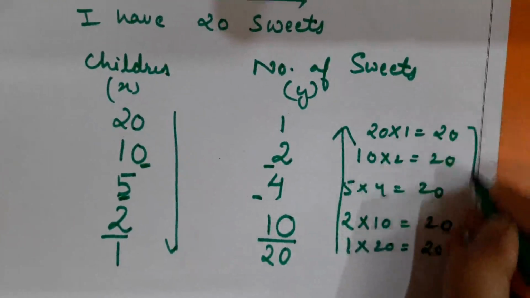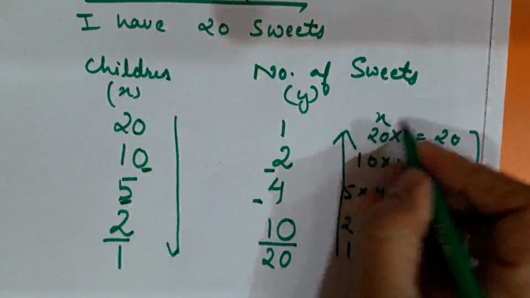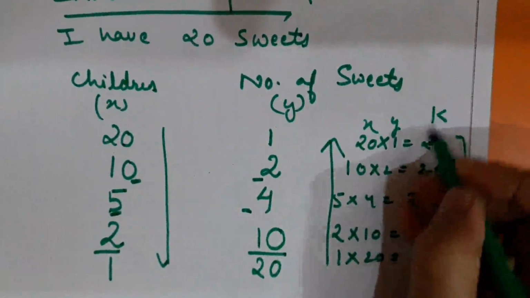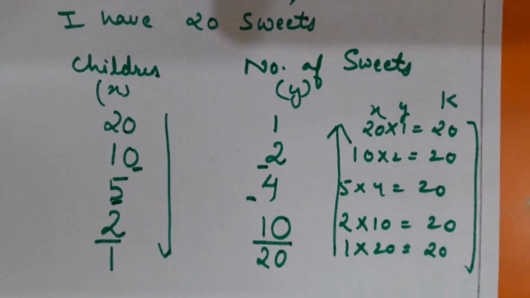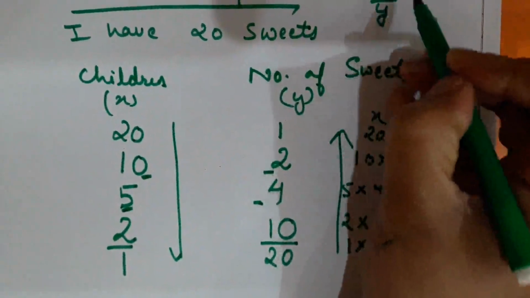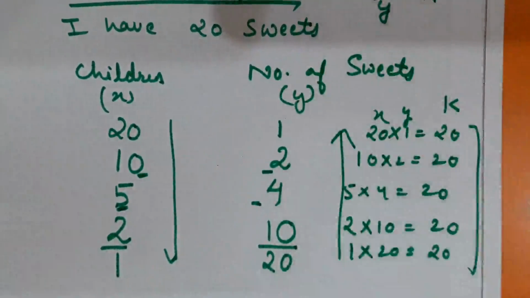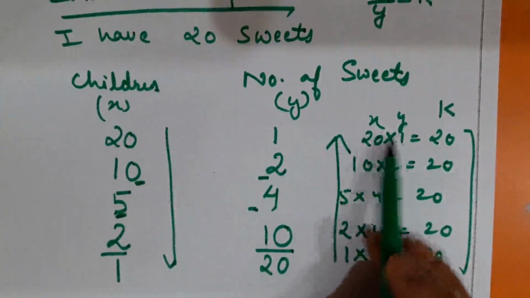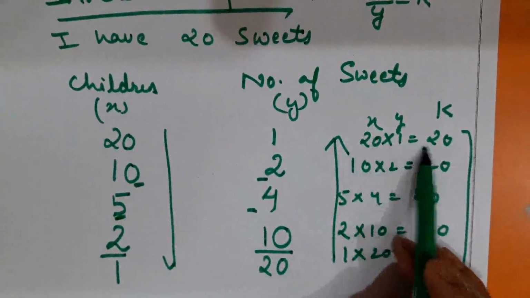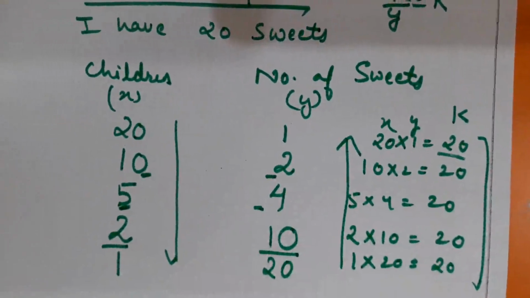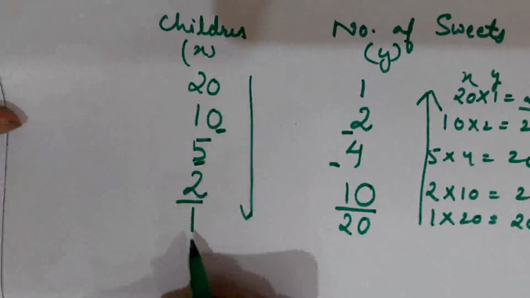It means if x and y are multiplied with each other, you get a constant value. Like in direct proportion, when x and y are divided by each other, you get a constant value, in the same manner in inverse proportion, if x and y are multiplied, you get a constant value.